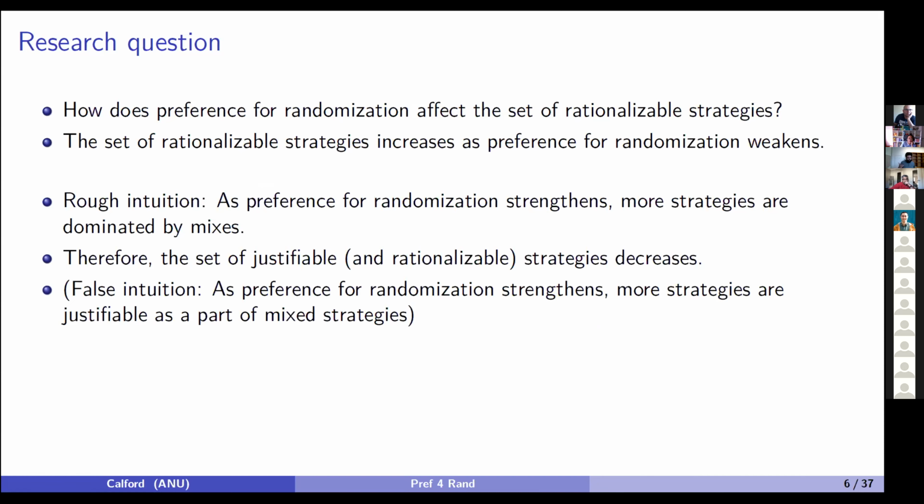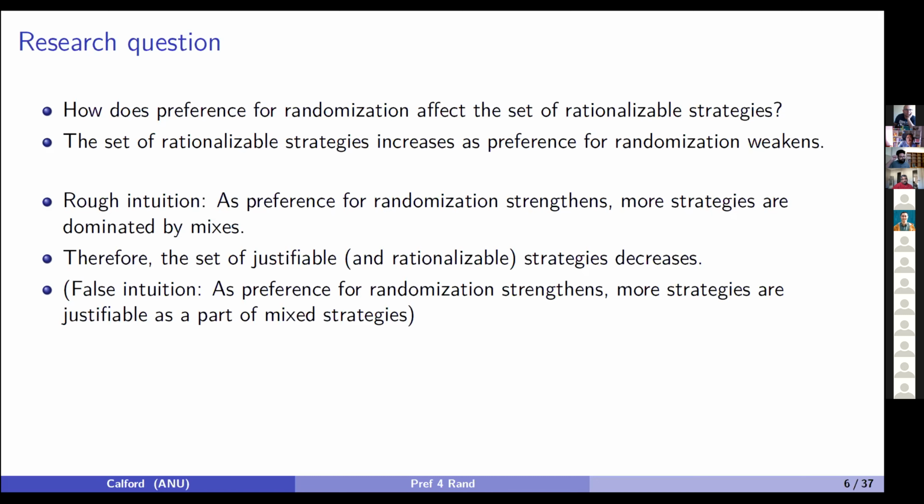This false intuition is that you might believe that as preference randomization strengthens, more strategies would become justifiable as a part of mixed strategies. Now, I have a preference for mixing, so maybe more things become useful to me to help me hedge against uncertainty. And the reason this fails is actually somewhat instructive.